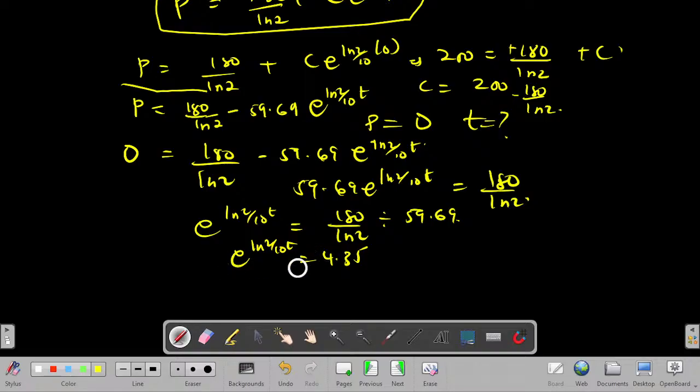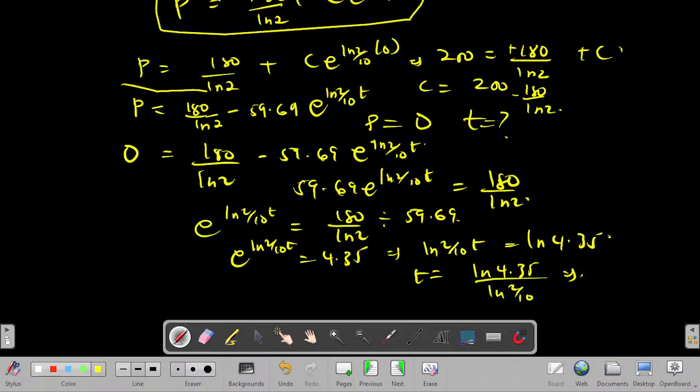What do I do? Nicely, I can take ln on both sides, right? I'll have ln e, and that ln e will give me ln 2 over 10t, which I have here. It will be equal to ln 4.35. Then at this point, I can divide through by ln 2 over 10. So my t is simply equal to ln 4.35 over ln 2 over 10. Then what do I get?